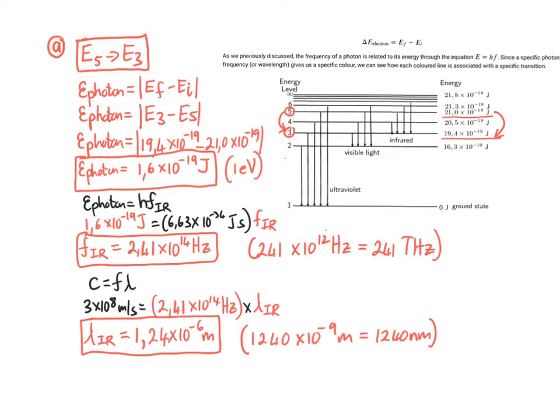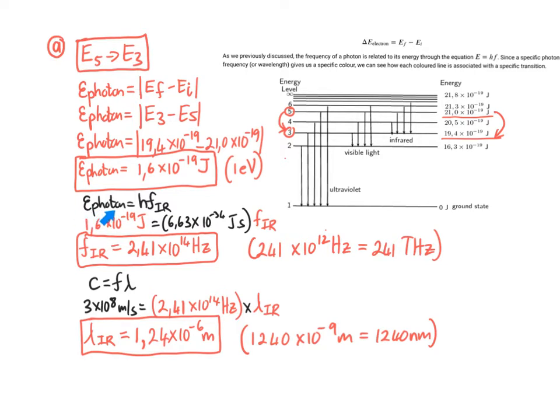Now looking at the frequency, we see that this is in the infrared range, because it's falling from there to there, which is going to give us infrared. So we want to find the frequency of the infrared radiation, so we use Planck's equation for the energy of a photon.